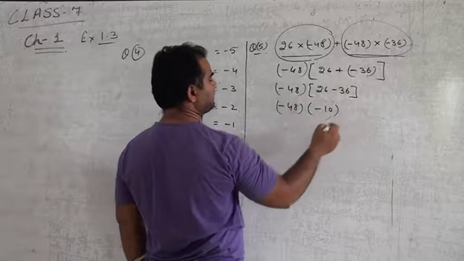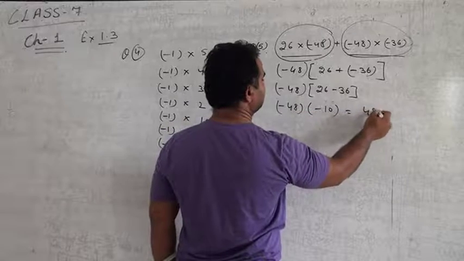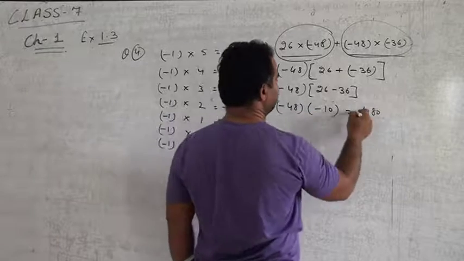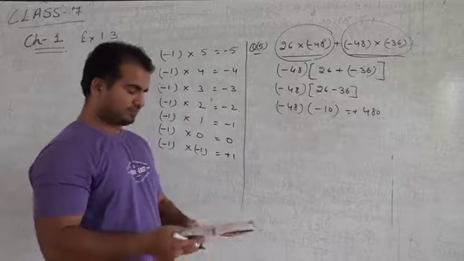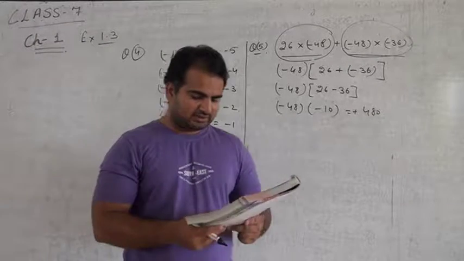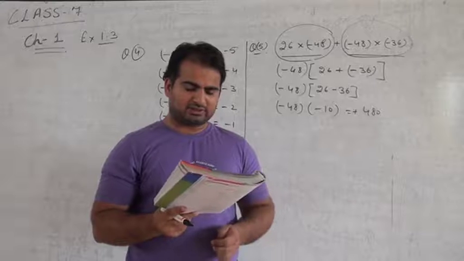What is 48 into 10? It will be 480. And what is minus into minus? It will be plus 480. Our final answer.